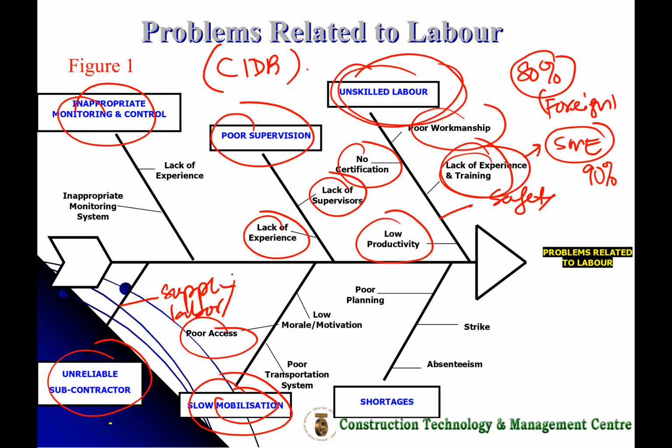Unlike the factory, if you know, we do have factories scattered everywhere in the country. And you know what? Factories operate 24 hours, 3 shifts. You just imagine, the people do not stay in the factory, they stay everywhere. But the logistics in terms of manufacturing compared to construction is much better.